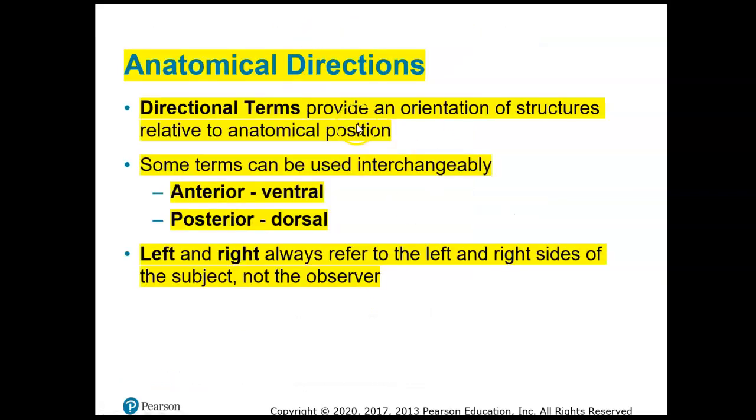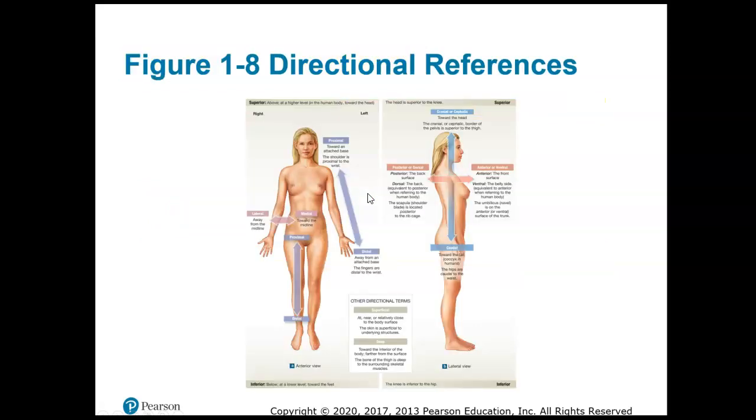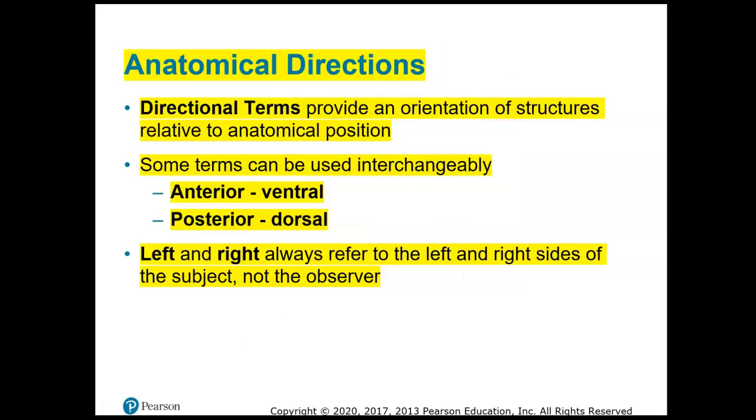Okay, directional terms are very important. They don't have all the directional terms listed here, but they do on that page. So they help us to provide orientation. Anterior is the front of the person. Anterior or ventral is like the stomach, so they are often used interchangeably. Posterior is the back of the person, and so is dorsal.